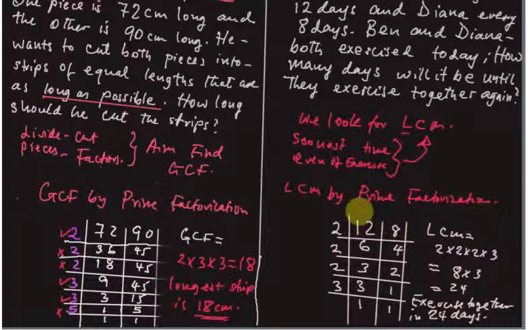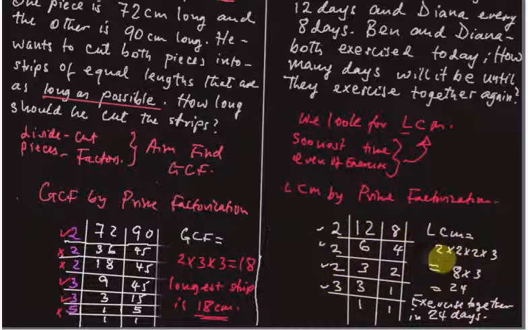Okay, so we are finding LCM by prime factorization, and here you see we said when we are looking for LCM we pick everything. So we pick every factor and multiply. That's why we are multiplying all these factors, because we are looking for LCM.